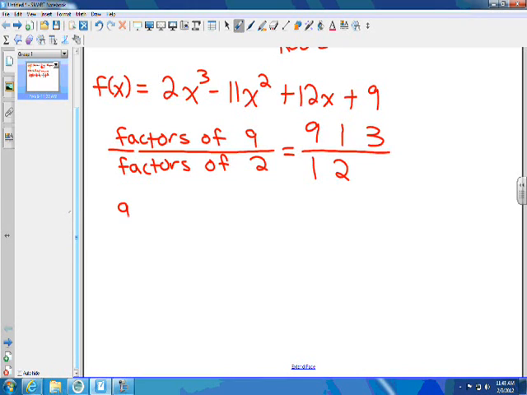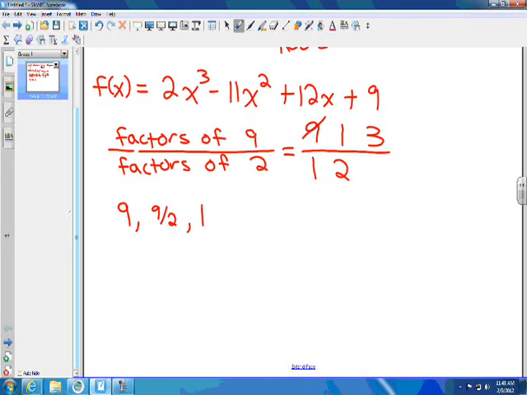So 9 over 1, go ahead and simplify. Don't put 9 over 1 over here, just go ahead and make that 9. And then also 9 halves. So we've done the 9. We've taken care of that. The next one would be 1 over 1, which is just 1.